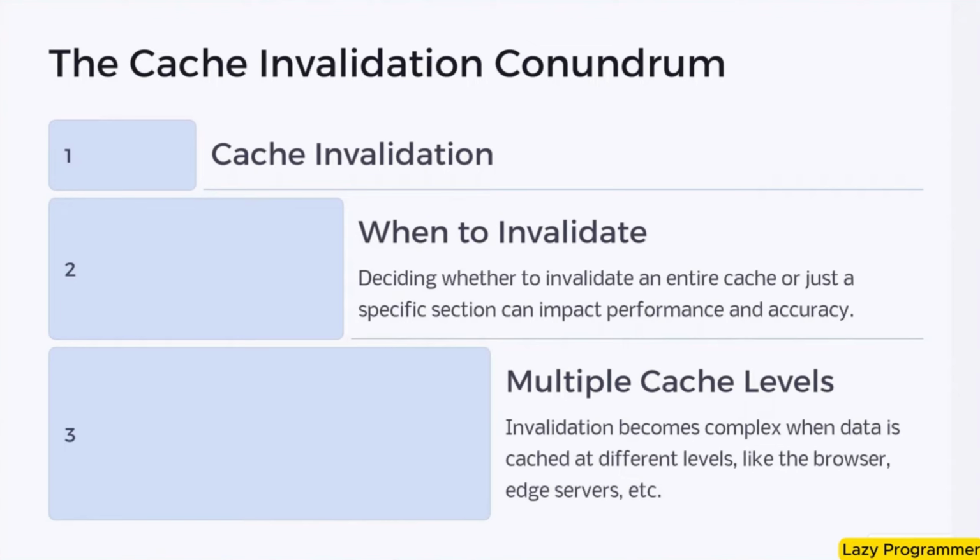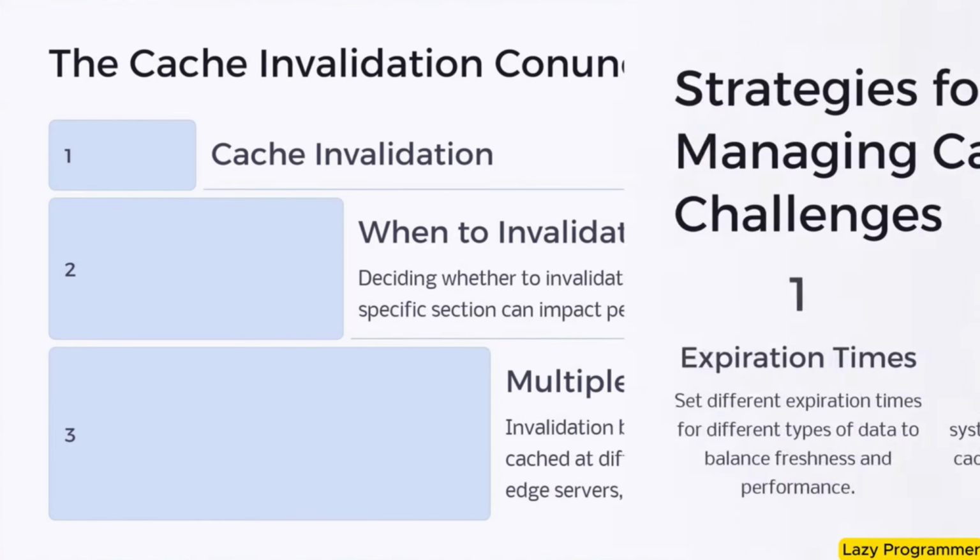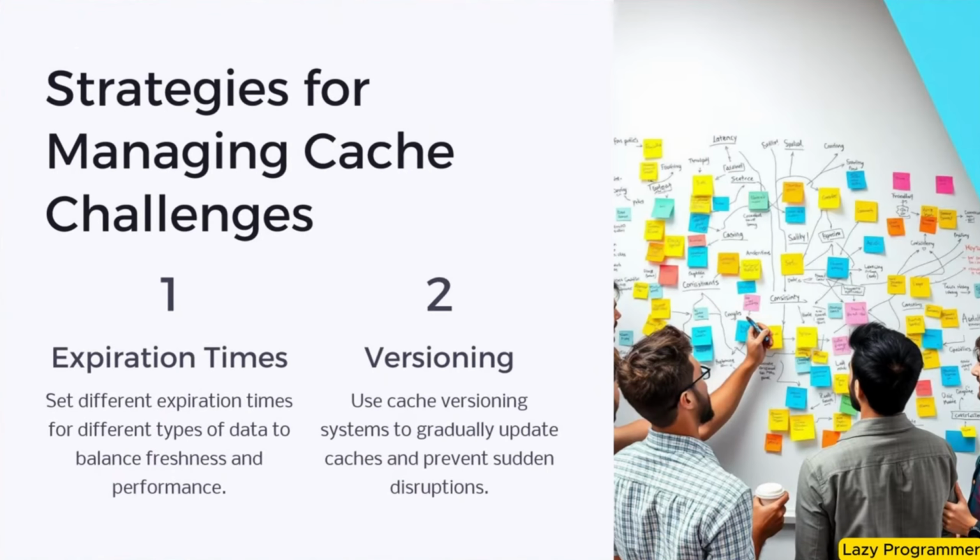Now, to handle these challenges, Amazon may employ strategies like they can have a different cache expiration time for different types of data. For example, the price cache might expire quickly because that is more critical, and the product descriptions might be cached longer because they are not as critical as the product prices. Another strategy they can implement is a cache versioning system that can allow them gradual updates.